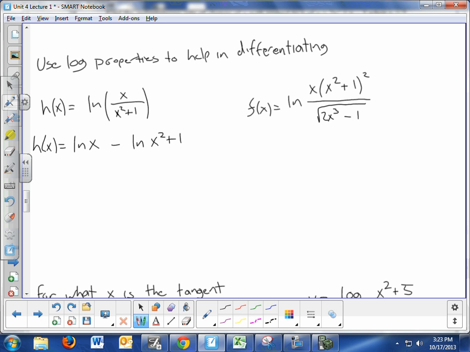Now we just have two separate pieces. We don't have to worry about any quotient rules or anything crazy. The derivative of my first piece is just 1 over x minus the derivative of my second piece. That's 1 over what I have on the inside times the derivative of the inside.